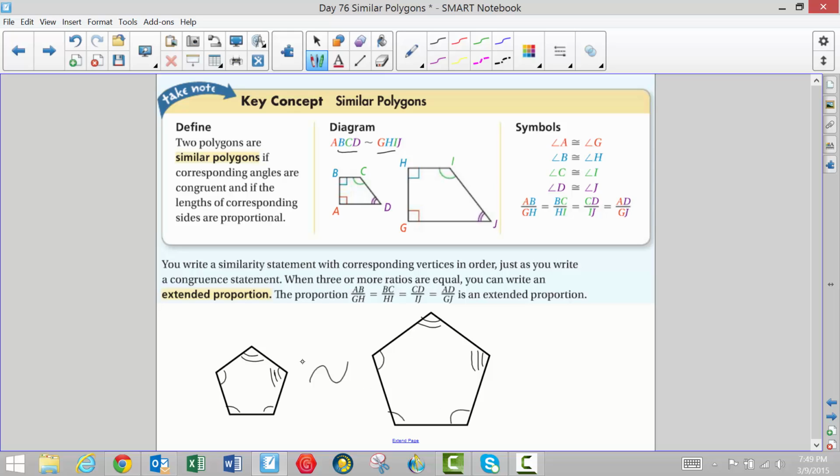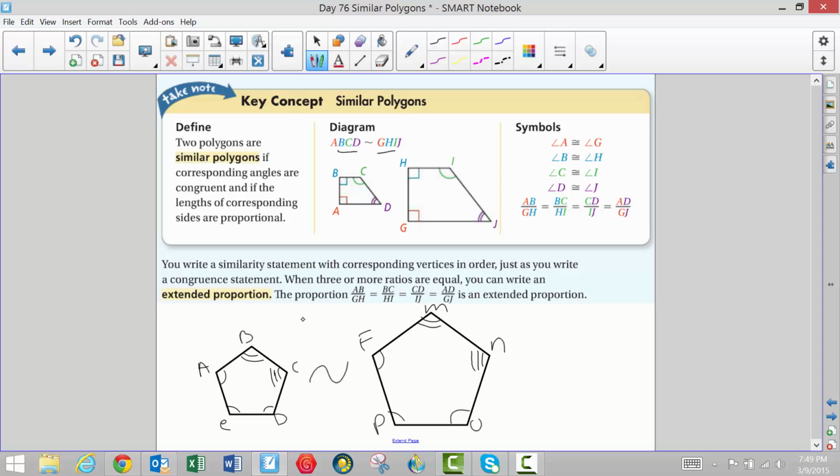Okay, so my corresponding angles are congruent. I'll label this A, B, C, D, E, F, M, N, O, and P. So these are similar pentagons.